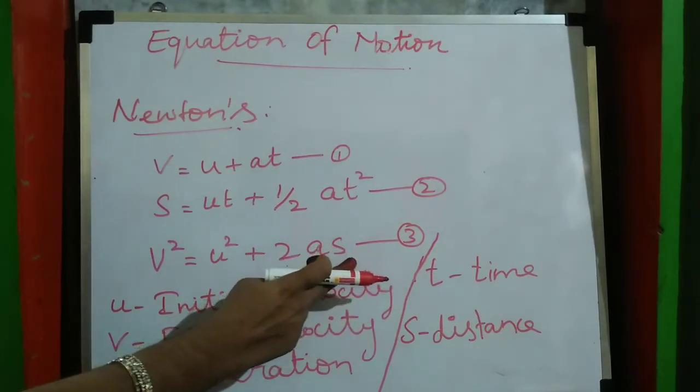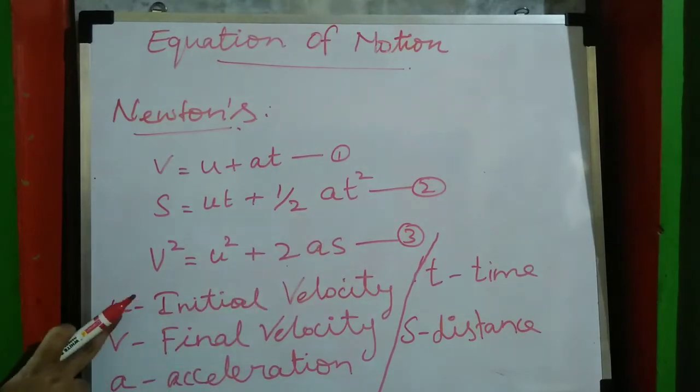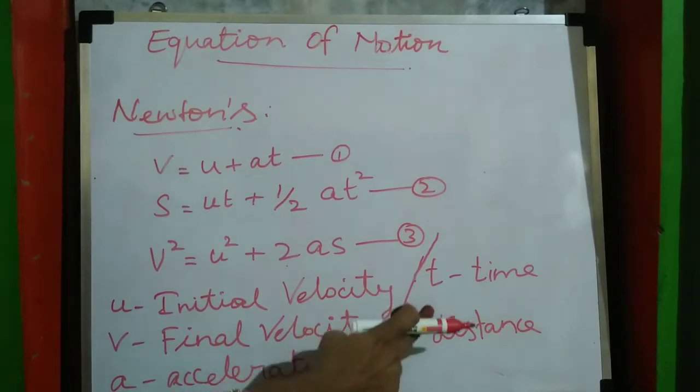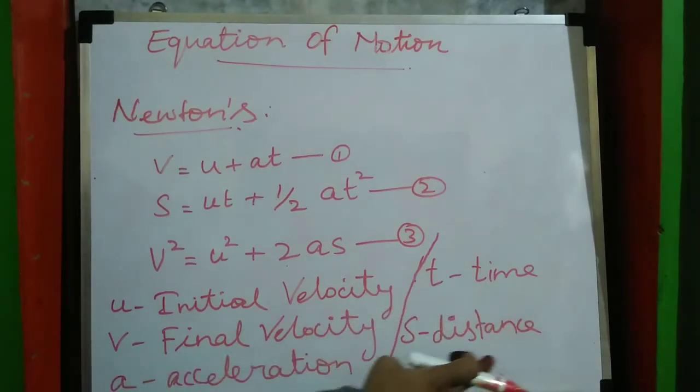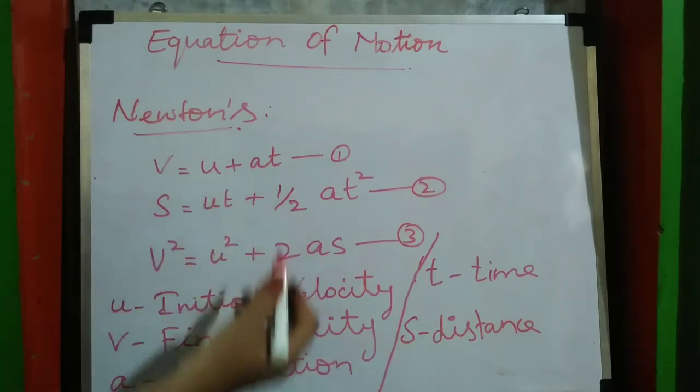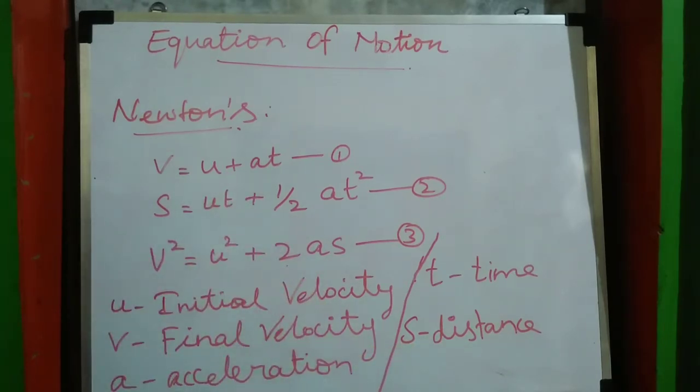U means initial velocity, V means final velocity, A means acceleration, T means time, and S means distance. These equations relate the displacement, velocity, acceleration and time of an object under motion.